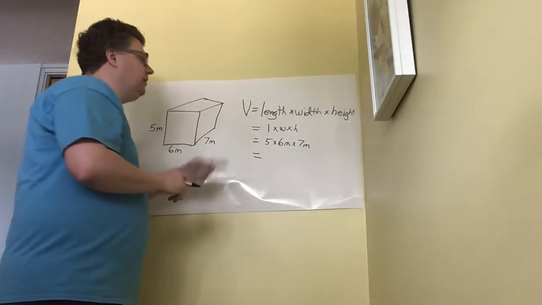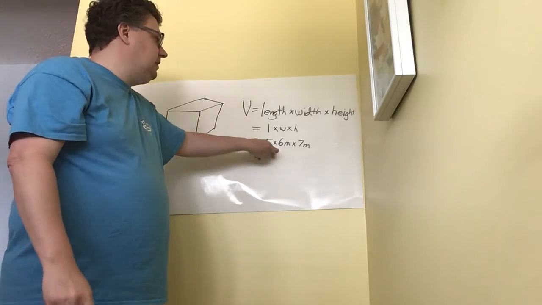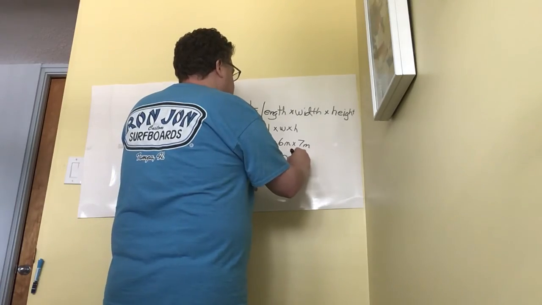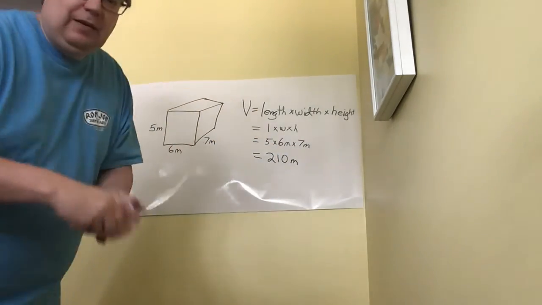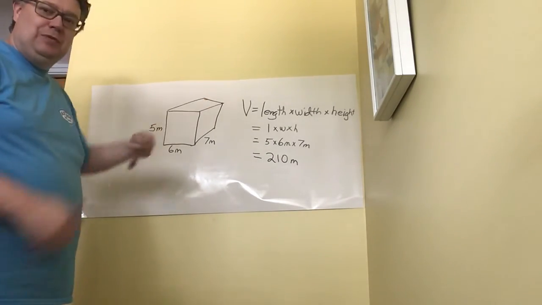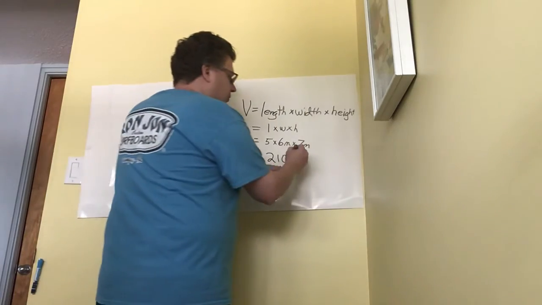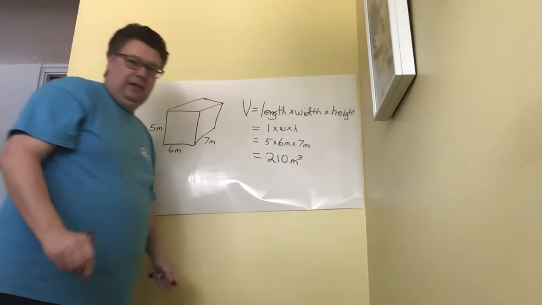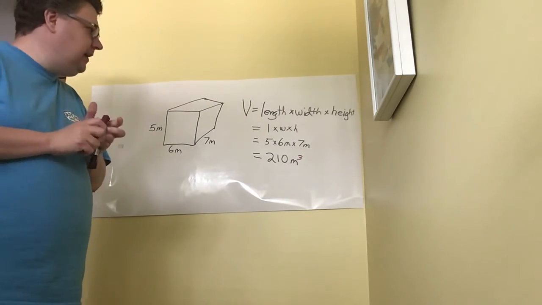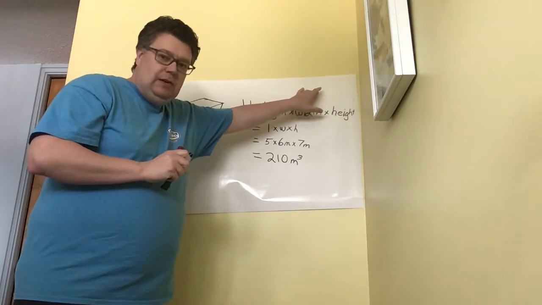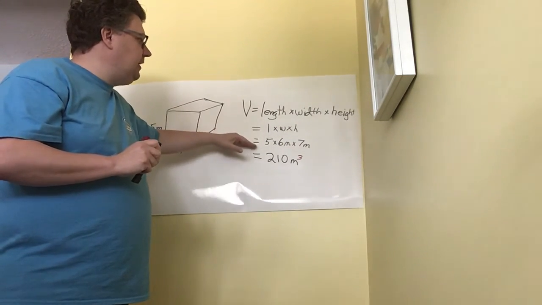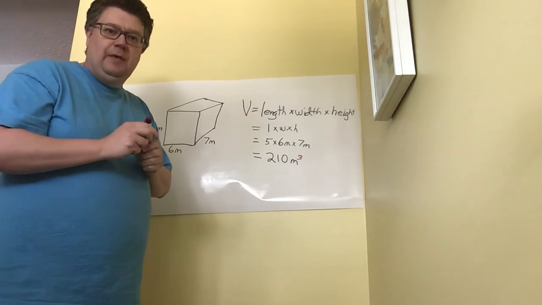So using your calculator, 5 times 6 is 30, times 7 is 210 meters. And here's the new trick. These are cubic meters. So if you're thinking of volume, think of a cube, and we will put a little 3 indicating cubic meters. And again, recognize the formula. Length times width times height, plug in your numbers, and that's that.